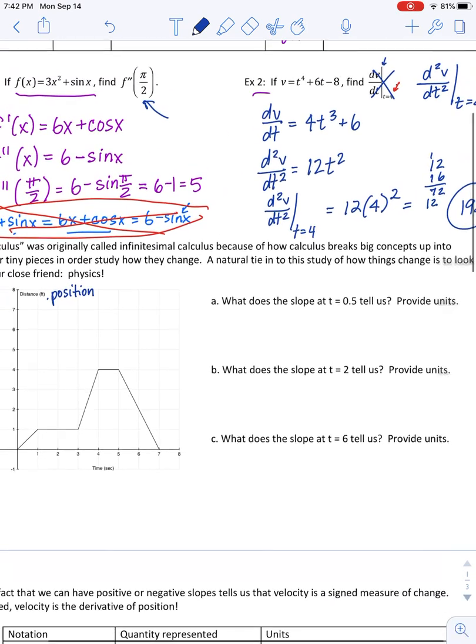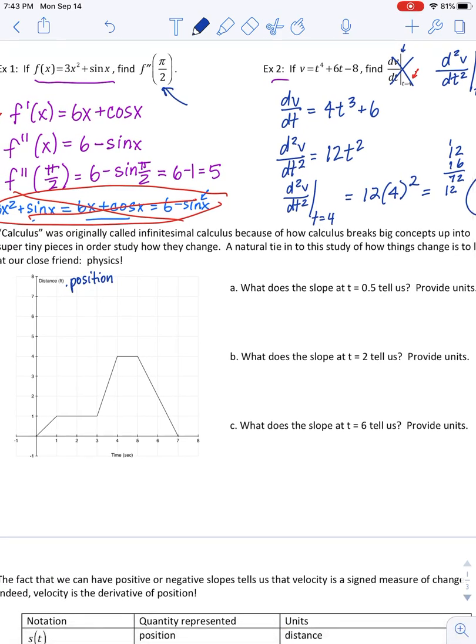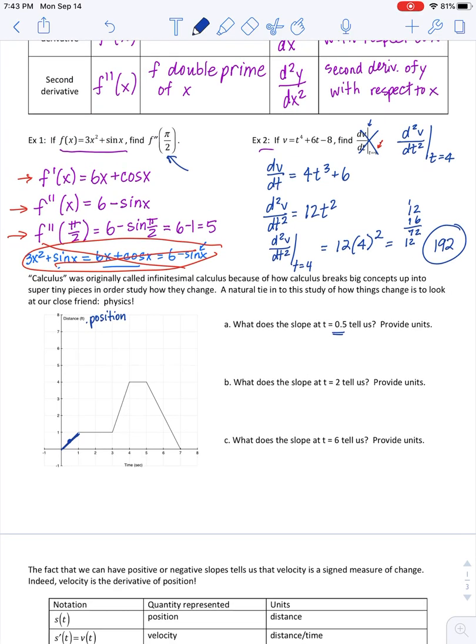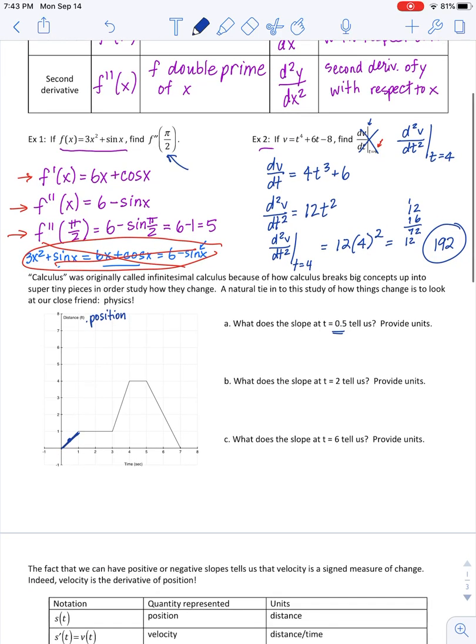And I want us to start thinking about slope at individual values and what they mean. So let's think about the slope here at 0.5. That would be right here. And our slope at that point, if we steal it from this larger segment, is going to be 1 unit. So this means that this object or person walking or whatever it is is traveling at 1 foot per second.